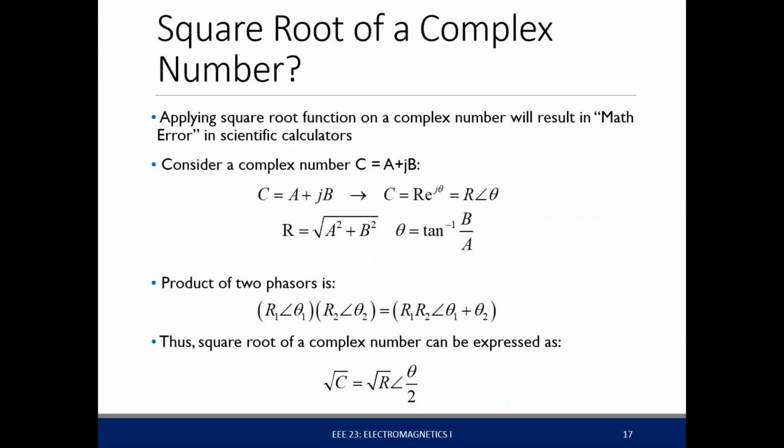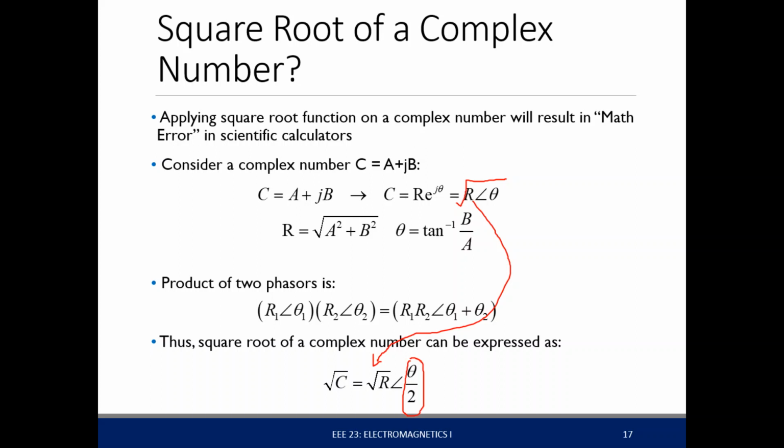First, you convert this complex number into its auxiliary form or its polar form. And getting the square root of this polar form, just get the square root of the magnitude, and your phase will be divided by 2. That's how you get the square root of a complex number.